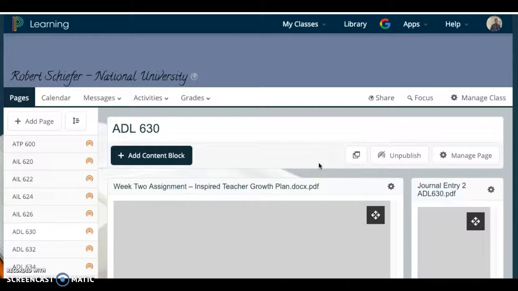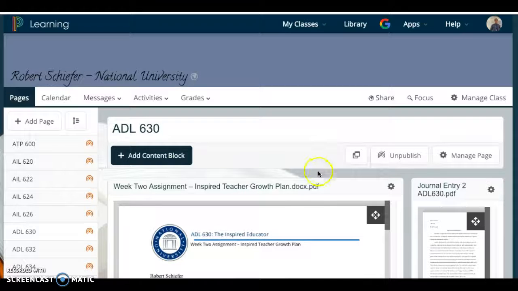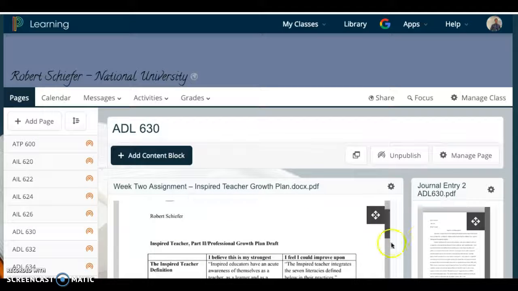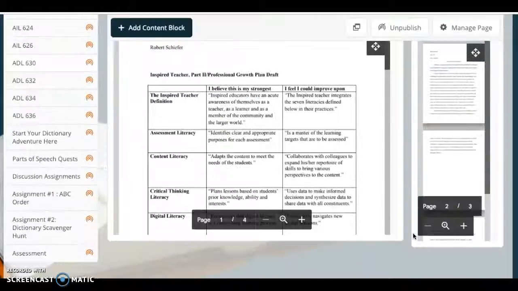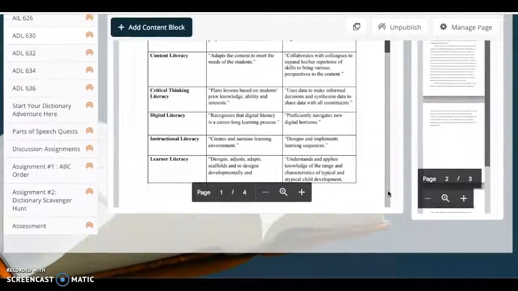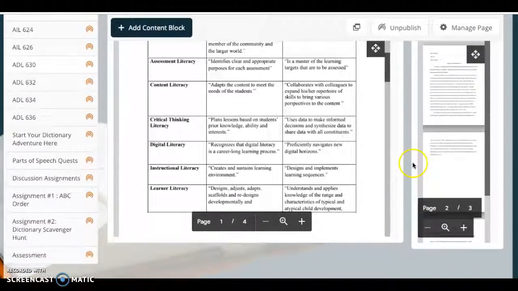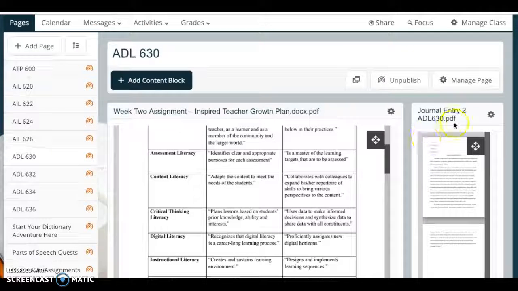In ADL 630, we updated our growth plan and wrote another draft for our growth plan using information that we had learned from the previous courses in order to update that. I also have journal entries from this course listed right here.